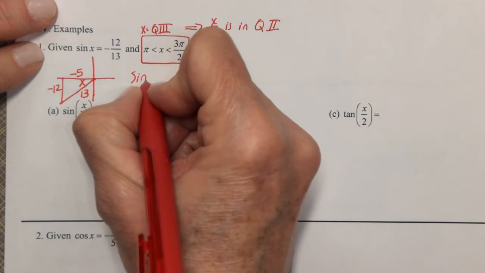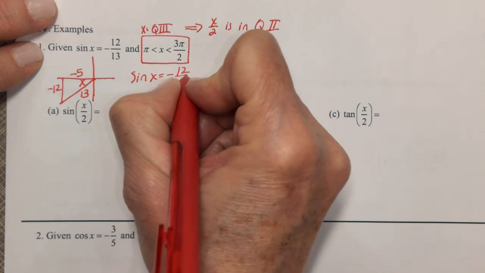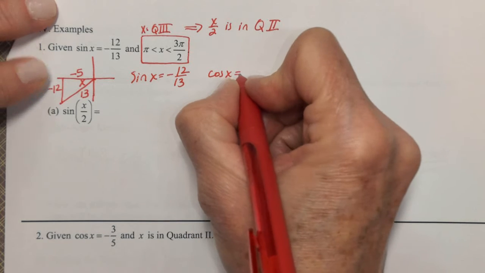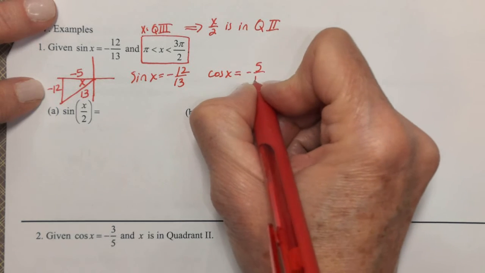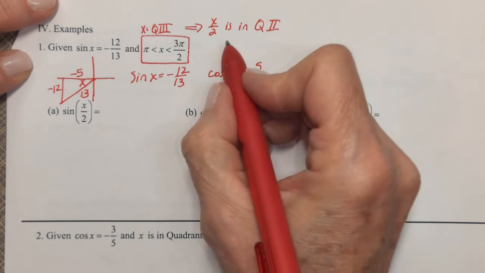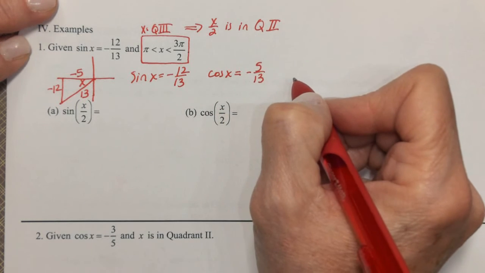So cosine of x is negative 5 over 13 from SOHCAHTOA. And x over 2 is in quadrant 2.